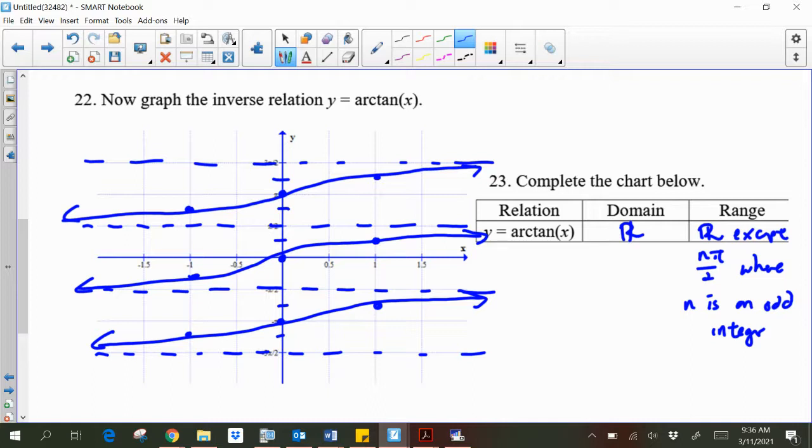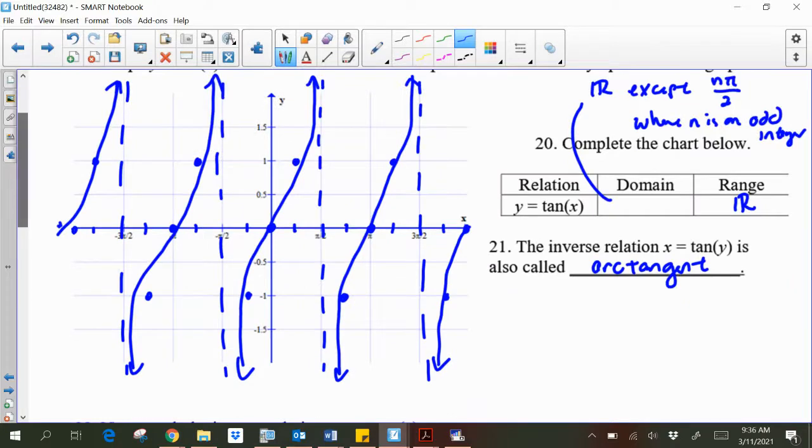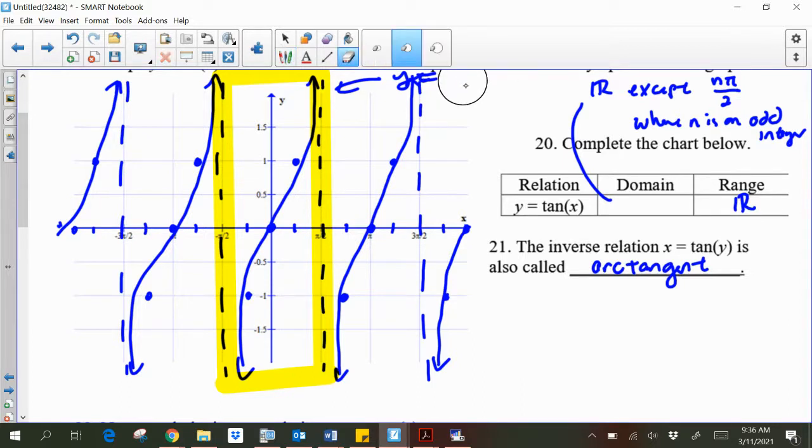And yeah, you can still restrict the domain. So again, they restrict it for you, and it should be familiar. For tangent, they restrict the domain to negative pi over 2 to pi over 2. Make sure you understand that it's not inclusive. Why are those symbols not equal to? Because they're asymptotes. All right, so that's intentional. So we're using this center curve. That's not arctangent yet.